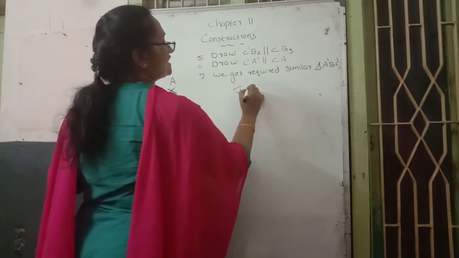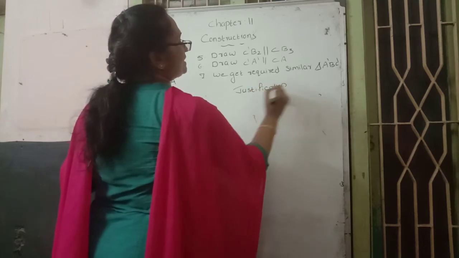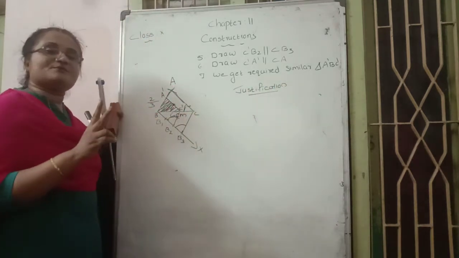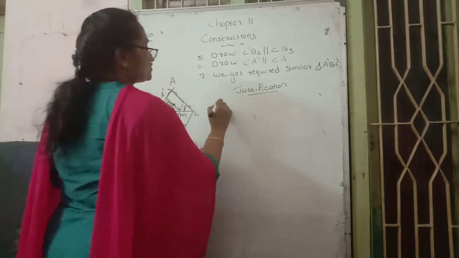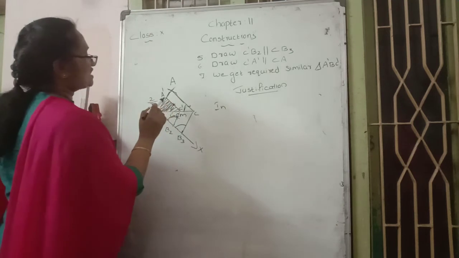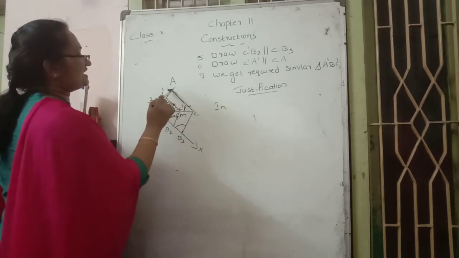How to justify? Here also the BPT theorem applies. For the BPT theorem to apply, how many triangles do we need? Two triangles. Which are the two triangles here? A dash B C dash and ABC.